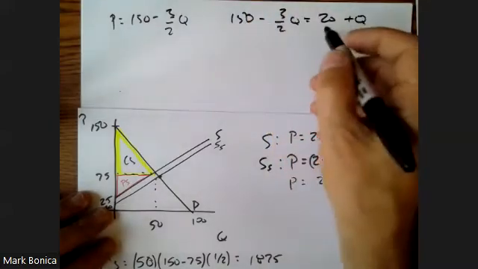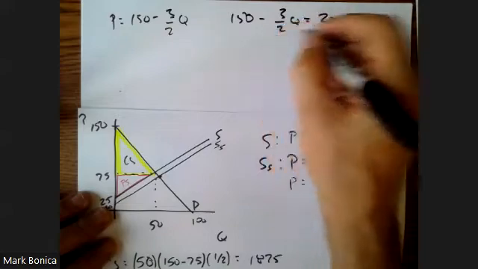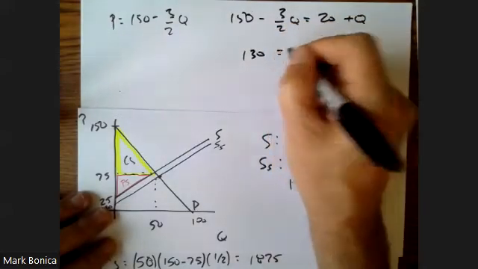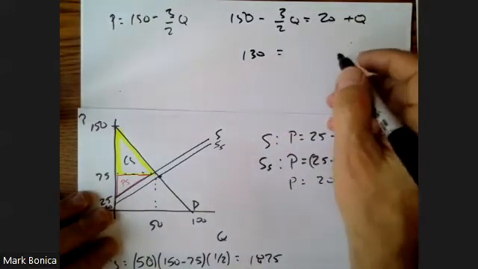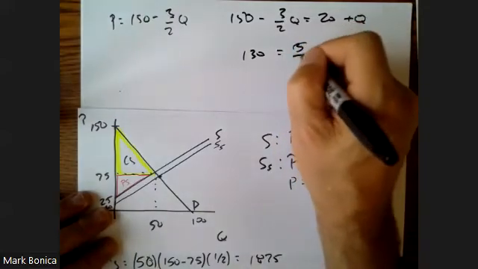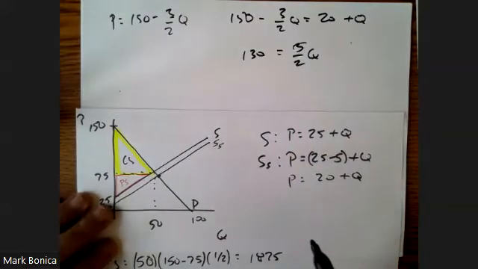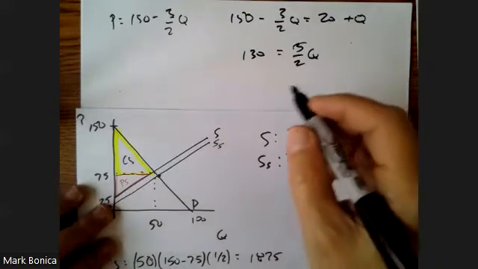And solve. So now we're going to subtract 20 from both sides, 130. And then we're going to add 3/2 to both sides. So we're back to 5/2 Q. And then multiply by 2/5.